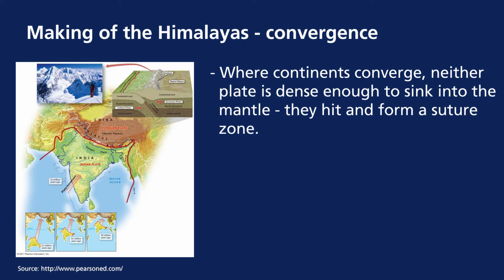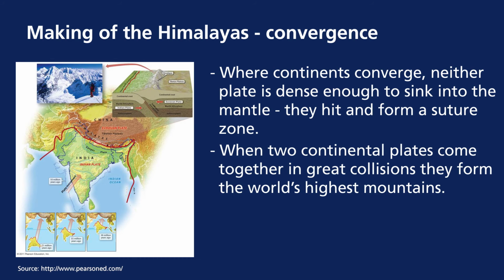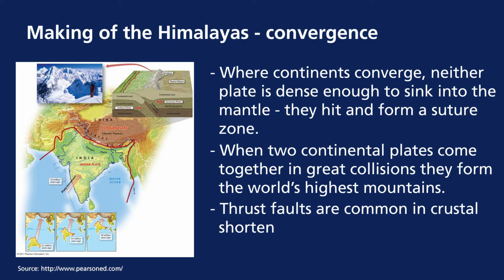So where these continents converge, neither of them is dense enough to sink into the mantle, so they form a suture zone. When the Indian and Eurasian plates meet together, it's through this great suture zone collision that the world's highest mountains form.